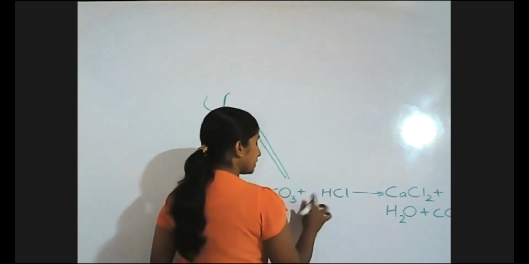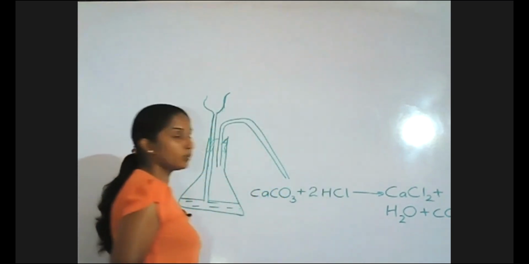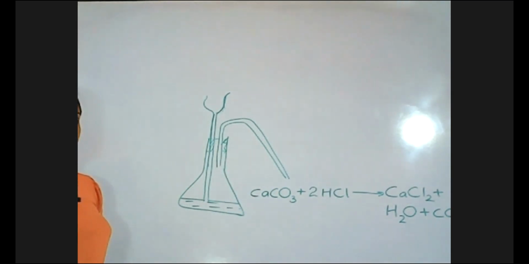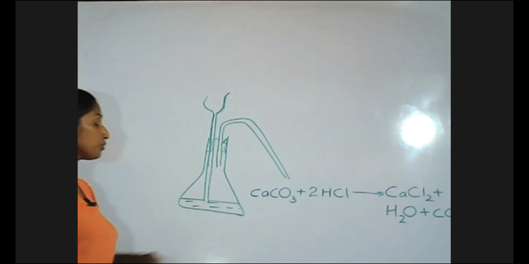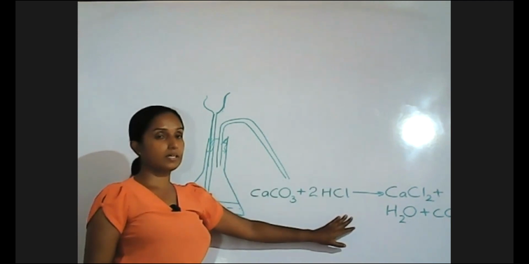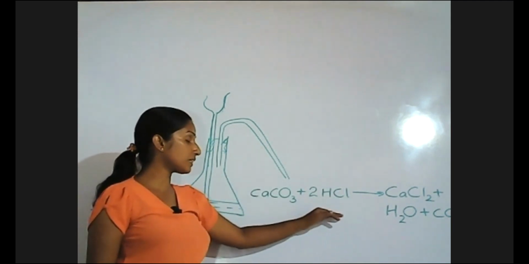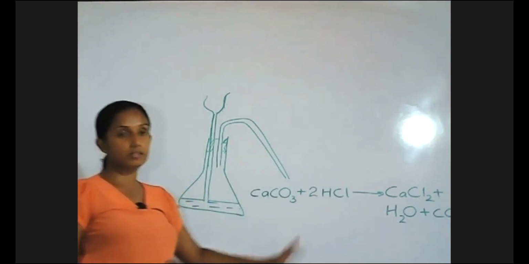To balance the equation, we have to put 2 here. You have to write the balanced chemical equation. No need to mention the physical states. If you did not write the physical states, the marks were given at that time.